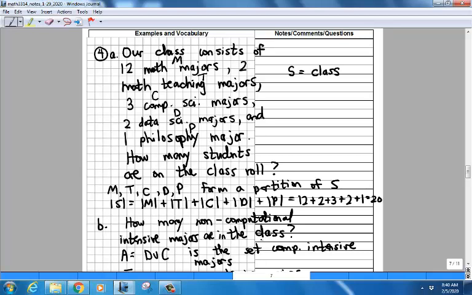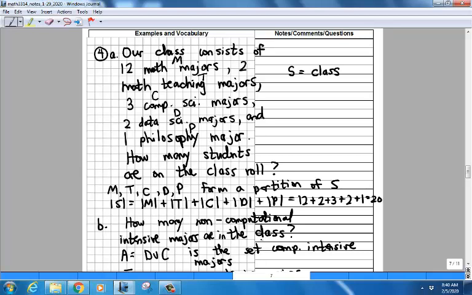The very first thing is how many students are there on the class roll? That's a trivial question. That's really more of an arithmetic question than a combinatorics question, except we wanted to analyze it according to the various theorems that we had learned for counting. So what we want to do is form a set model that we could use to answer this question.